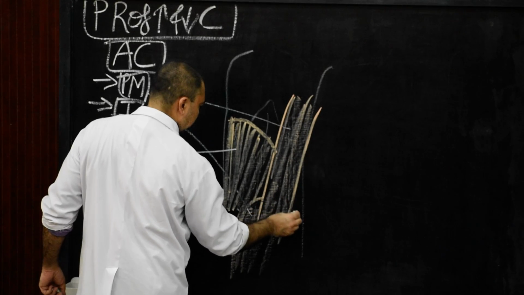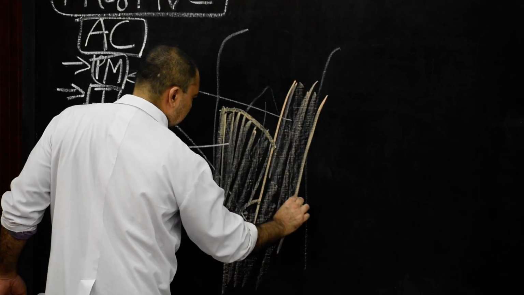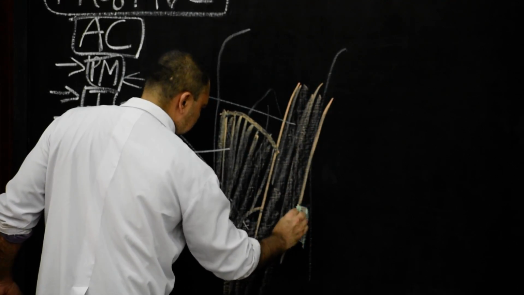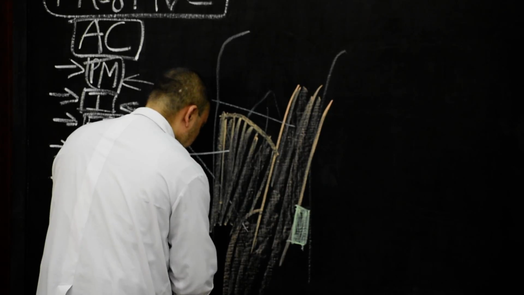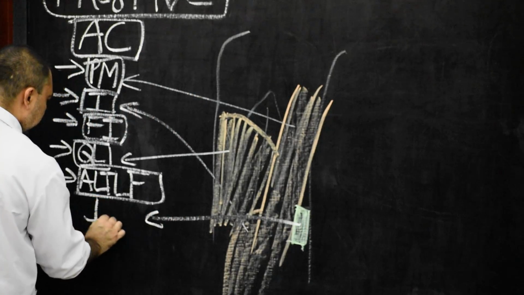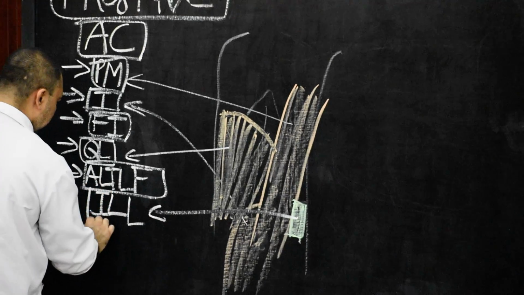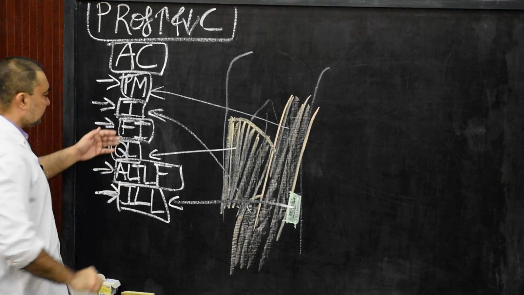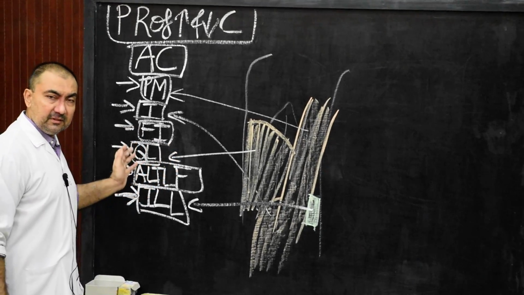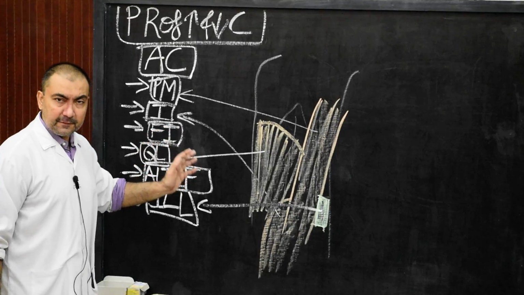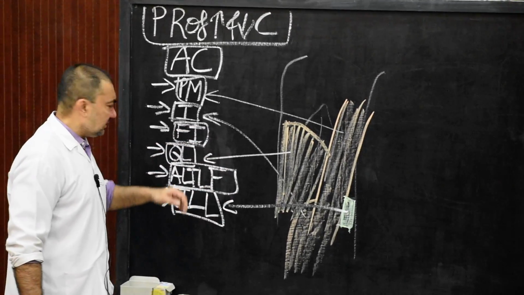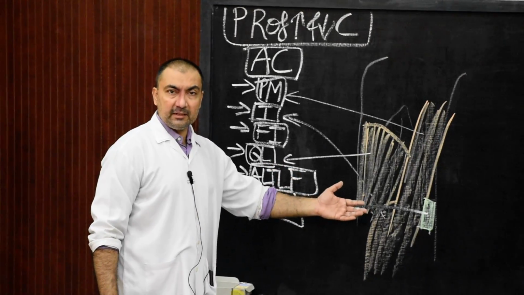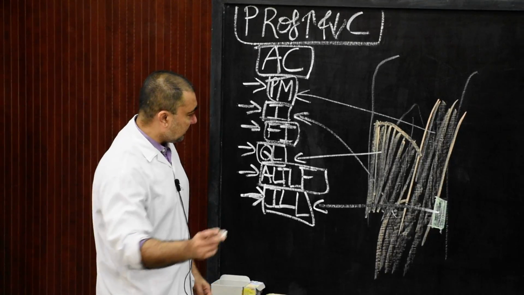I will put here somewhere on this side, iliolumbar ligament. Remember, all these structures are on the right side: right quadratus lumborum muscle, right psoas major muscle, right side of fascia iliaca, the right iliacus muscle, the right side of anterior layer of thoracolumbar fascia, the right iliolumbar ligament. Now nerves, very interesting.